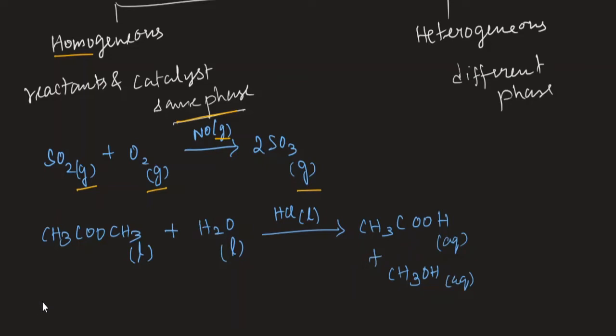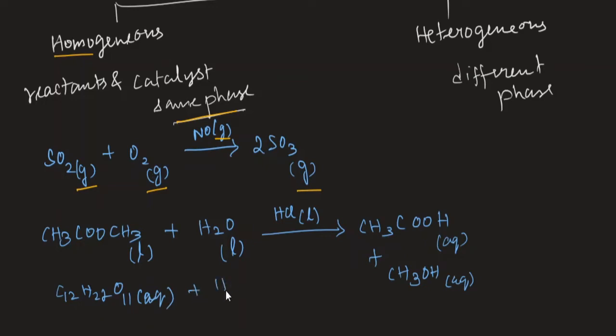And we can include another example. Let me take C12H22O11. What is that? Sugar solution, is it not? So this is also in liquid form, an aqueous solution of sugar.